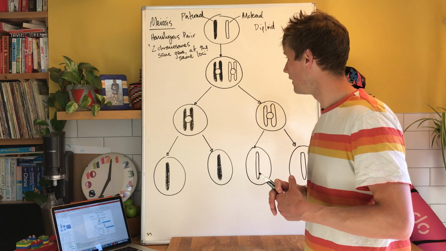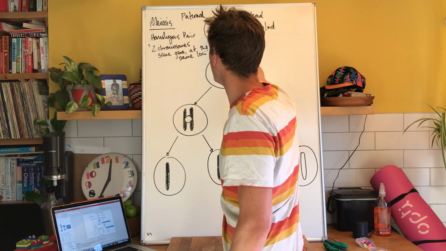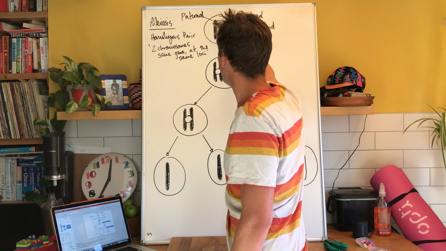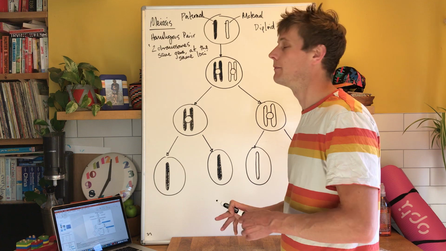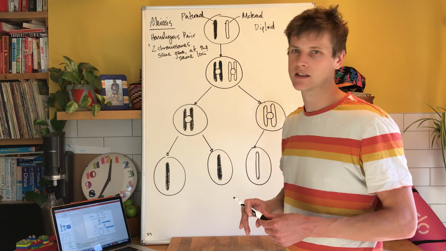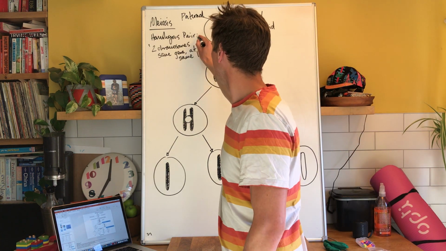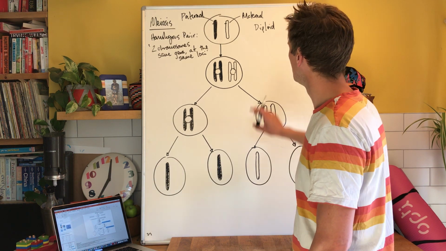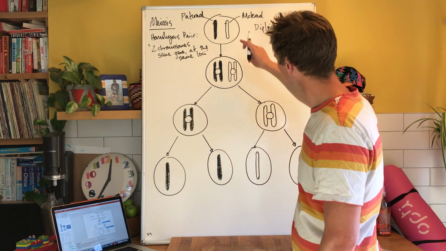Homologous means they have the same genes at the same loci. So if we just imagine that, we've got a gene here. The same gene will be present on the paternal chromosome as the maternal chromosome. Now, it might be that the alleles for those genes are different, but that's not important. This is the definition for homologous chromosomes. So, in a diploid cell, the homologous chromosomes are present.